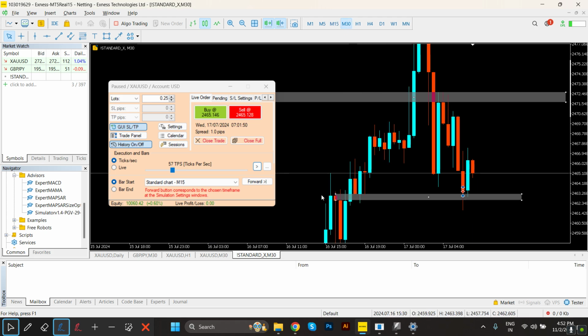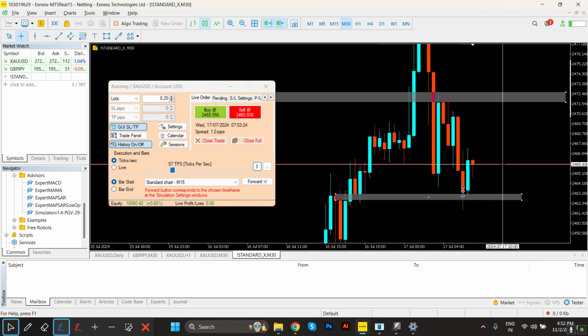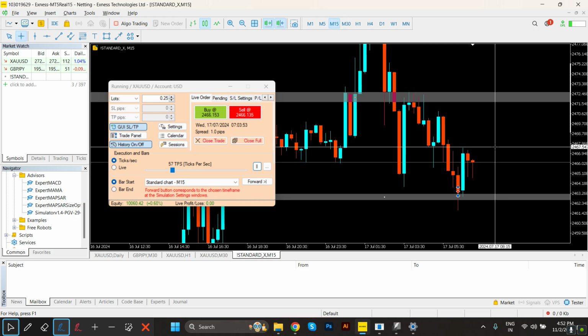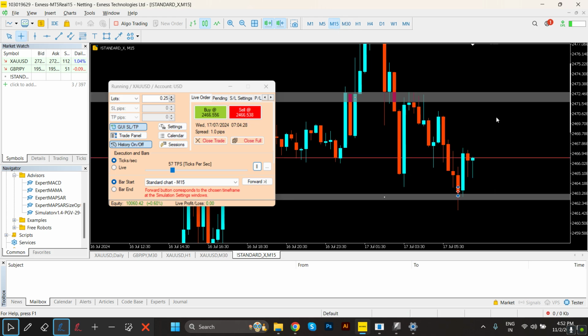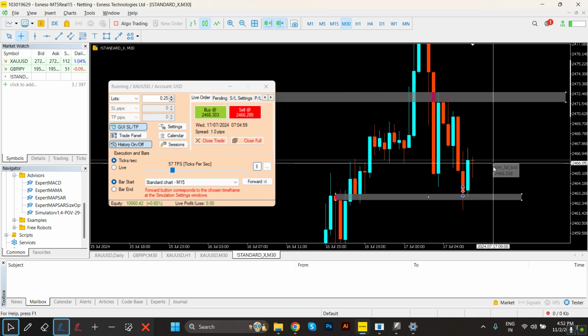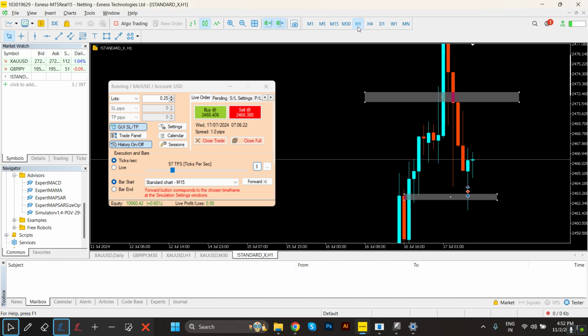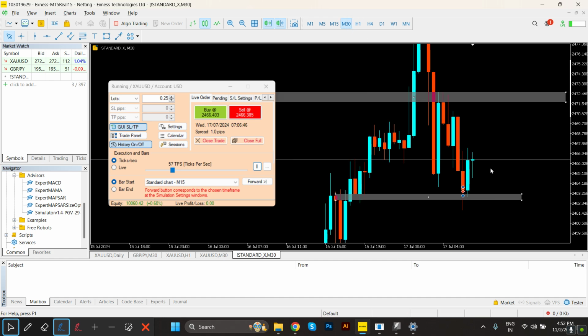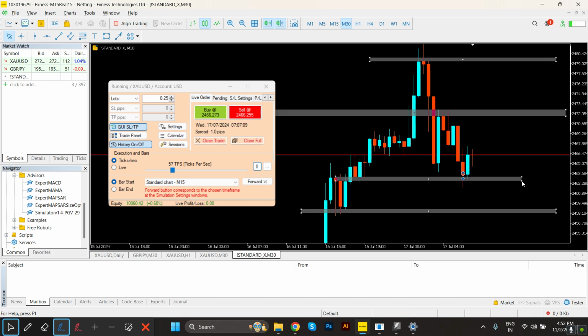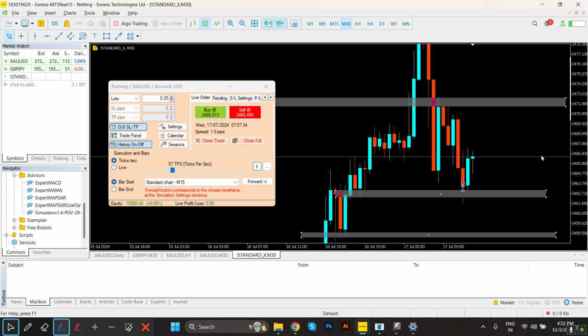No, this is a London open candle. I think it makes sense for it. This is 32 pips. The probability is still in the range though, and from here to this is 40 pips.